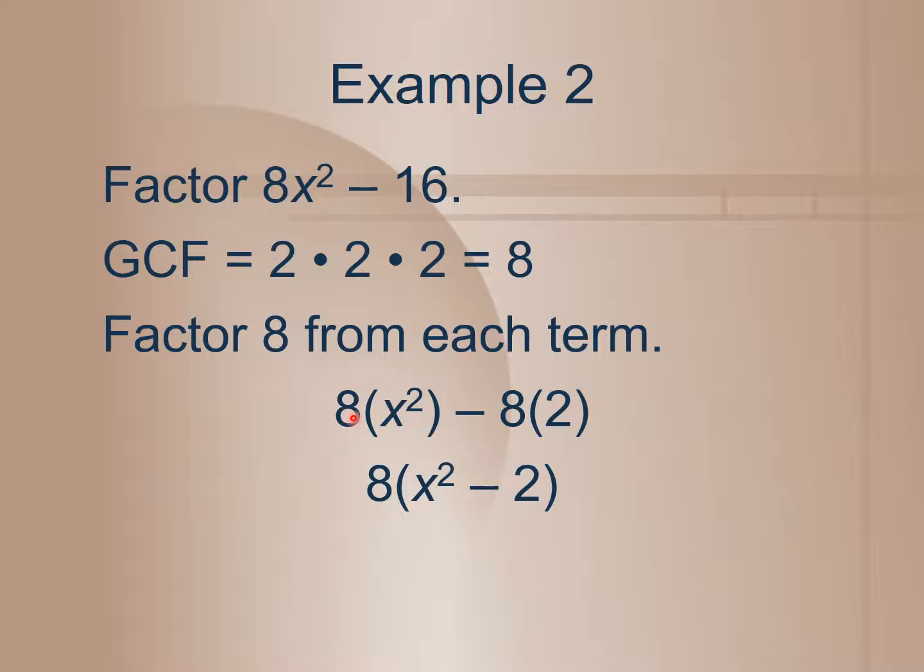When we factor out the 8 from 8x squared, we're going to be left with just x squared. So notice how this has just undone a distribution, because 8 times x squared is 8x squared, and 8 times negative 2 is negative 16. So anytime you factor anything, your answer should always be able to take you back to the beginning.